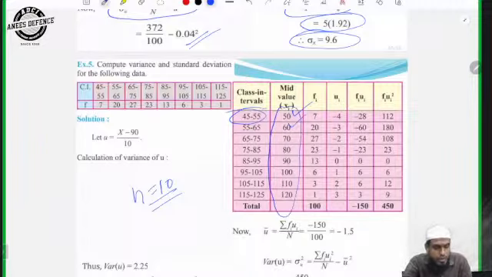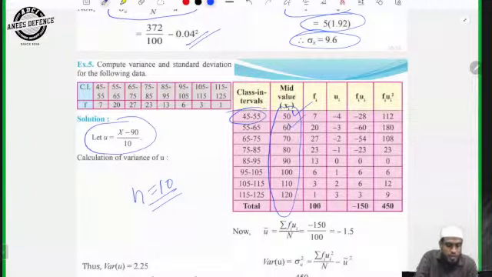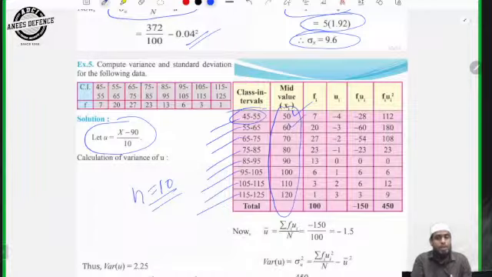Then fi is given. ui can be calculated using (x minus 90) by 10. How did you get the 90? You have to get the middle value. 1, 2, 3, 4, 5, 6, 7, 8. If there is an odd number of observations, the middle value can be calculated exactly. Here there is an even number of observations, so take the middle two. Fourth one.